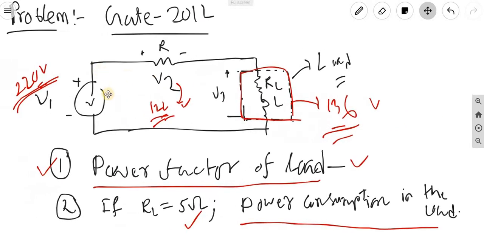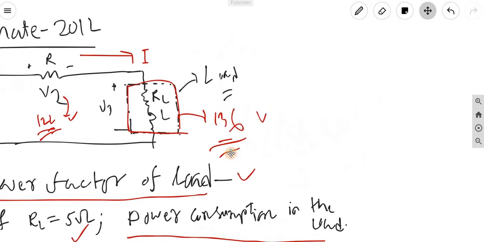Firstly, this is a series connection, so you take the current as the reference. Suppose we take this I as the reference. Then we plot the phasor and see what voltages we get.